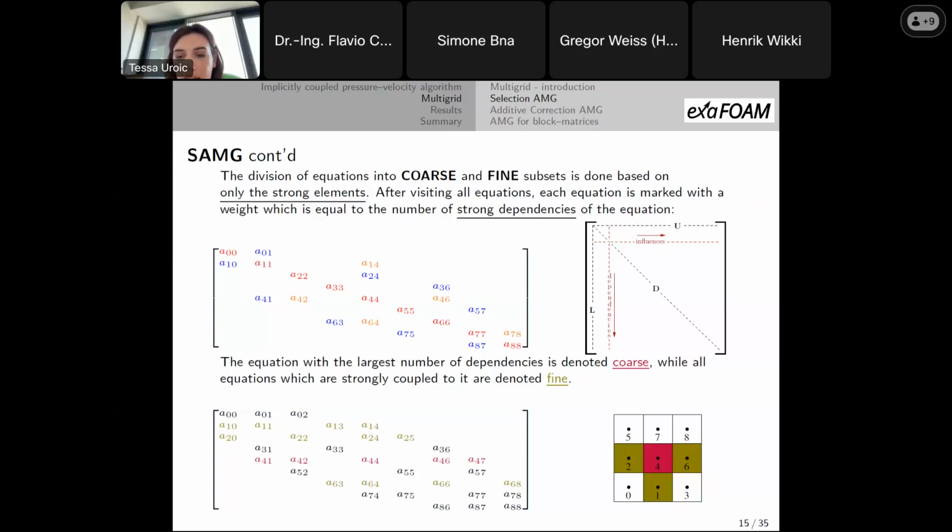So I have 3 arrays and face addressing, meaning that finding these influences and dependencies, which will be used as a criteria to choose the coarse level cells, coarse level equations, is quite a bit of loops in my code. So the code is quite long for this reason, for looping through the lower and upper triangle and trying to read the matrix row by row rather than by upper and lower triangle.